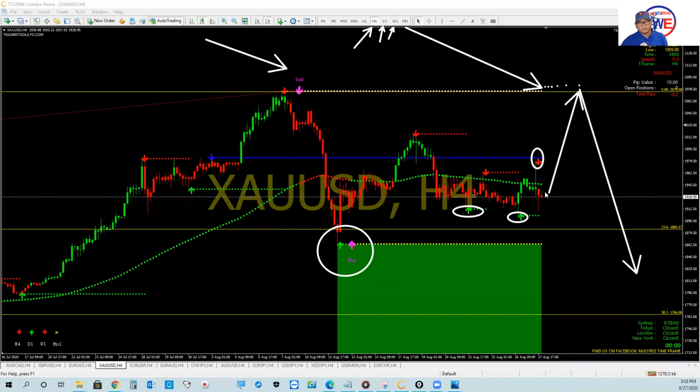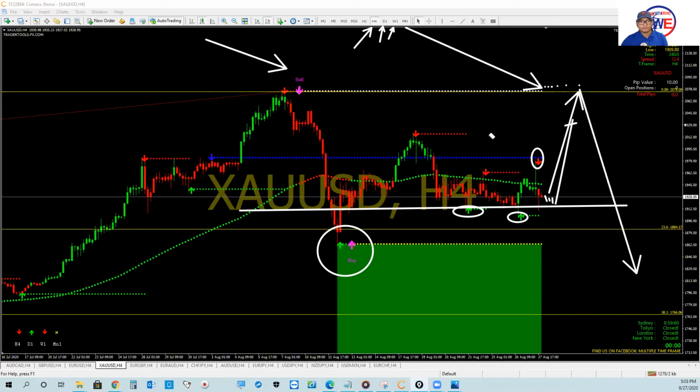And it's retesting all this area here, all this support here. So it's sitting in a very strong area. Look at that. Very strong. So yes, it may drop here, a few more candles, then spike up. That's when the month of August is gonna show up.